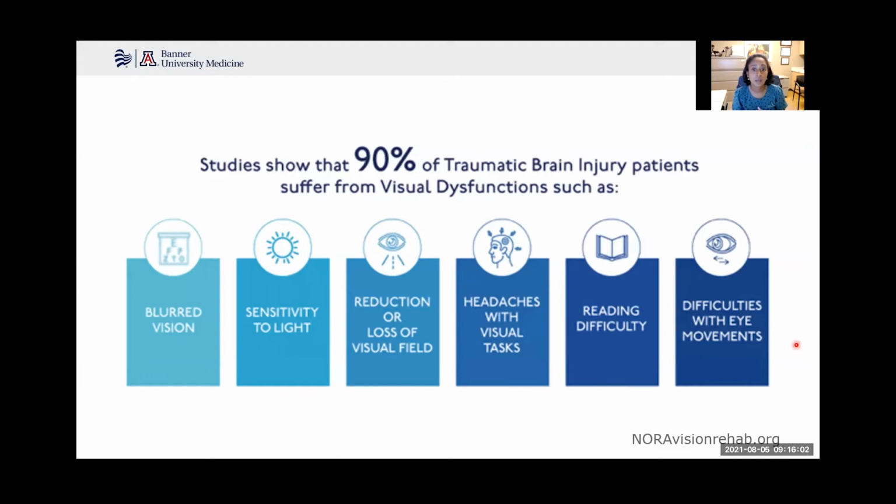This is a picture image that I stole from Rehab.org. I have put it there at the bottom. We'll talk more about this resource, but they have a lot of information and research available that talks about vision and visual rehabilitation in the context of TBI. So I just wanted to make sure I start there, and we'll circle back to that later in the conversation.